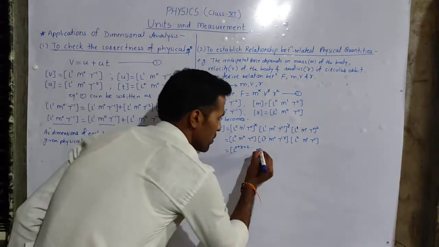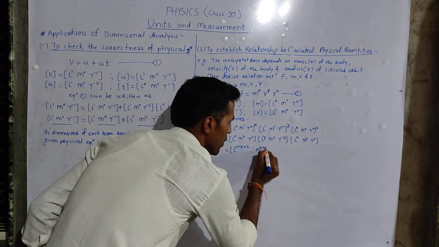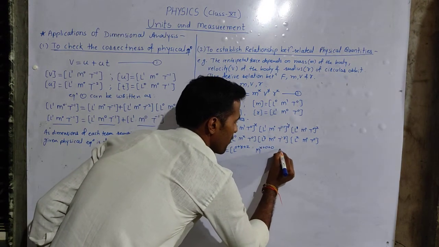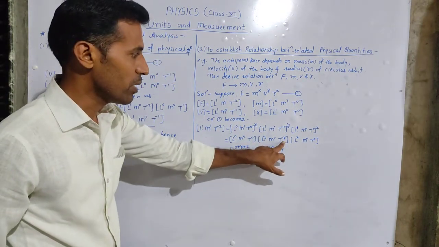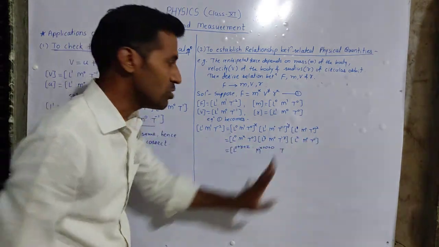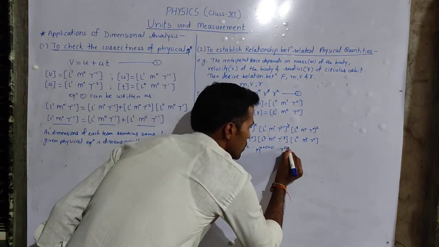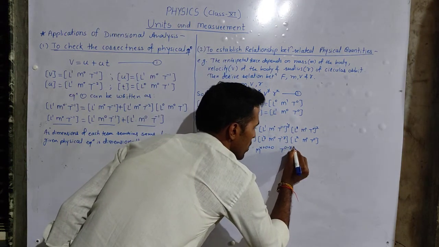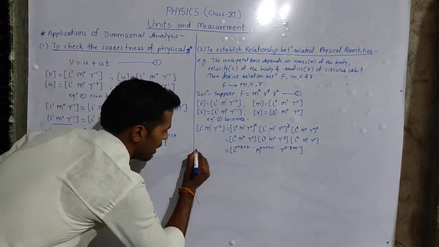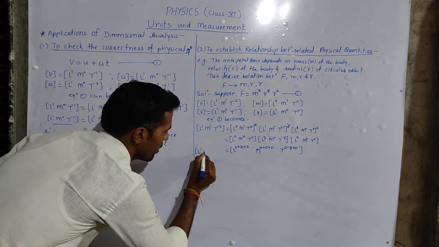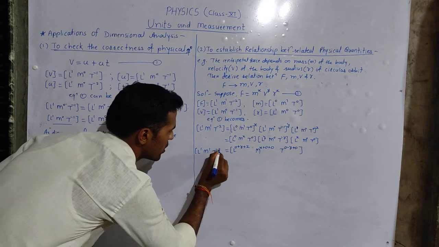So it becomes x plus 0. And finally T. Here 0, here minus y, and here again 0. So it becomes 0 minus y plus 0. Clear? Our LHS is as it is, L1, M1, T minus 2.